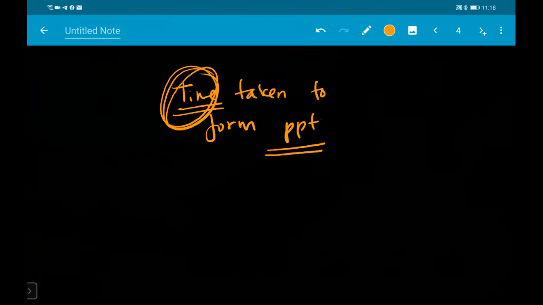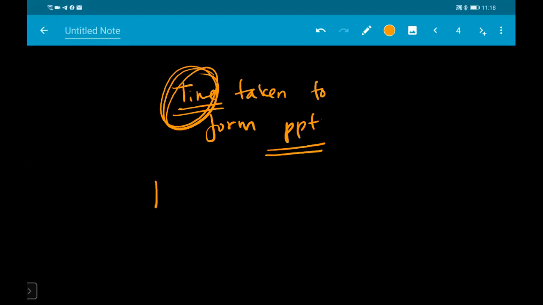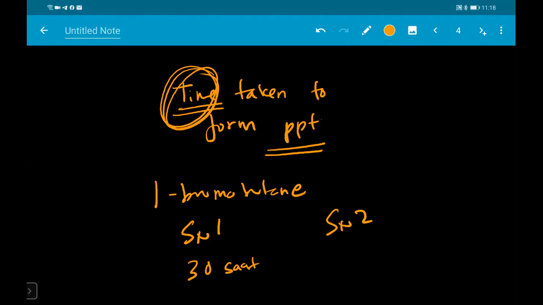Kalau dia lagi cepat, let's say 1-bromobutane. Katalah untuk SN1 dia bertindak balas selama 30 saat untuk berubah. Kalau SN2 dia ambil masa 1 minit.